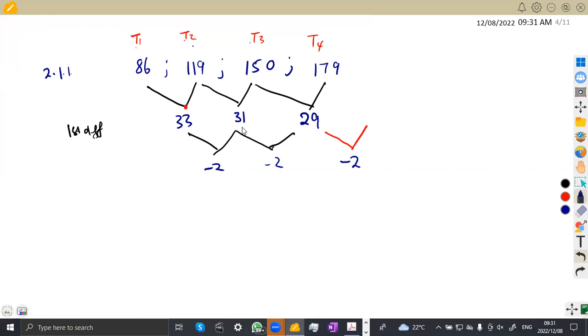Along these, you add 33 plus negative 2, it gives us 31. 31 plus negative 2 gives us 29. So the number here is going to be 29 plus negative 2, which is 27.